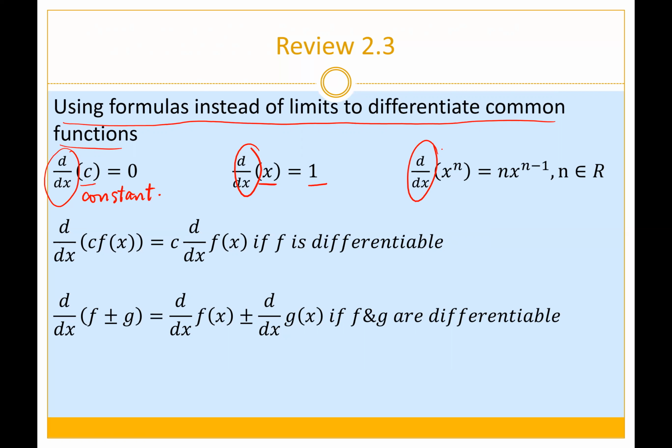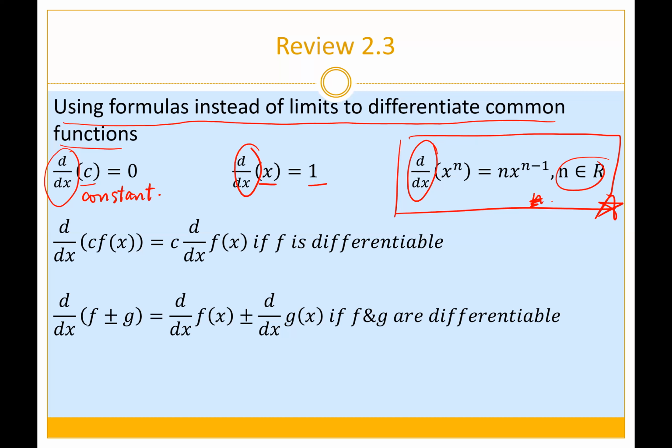And this is the general formula that I highly recommend you remember: the derivative with respect to x of x to the n, kind of like a polynomial, is n times x to the n minus 1, with n belonging to R.